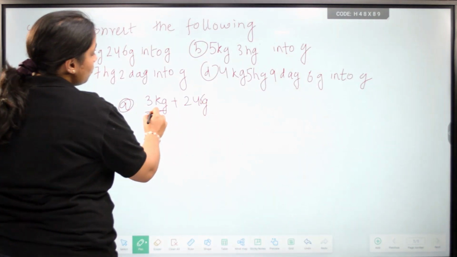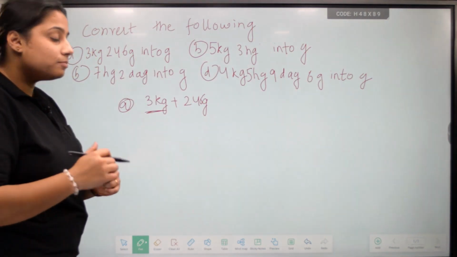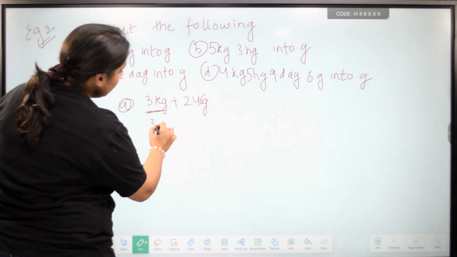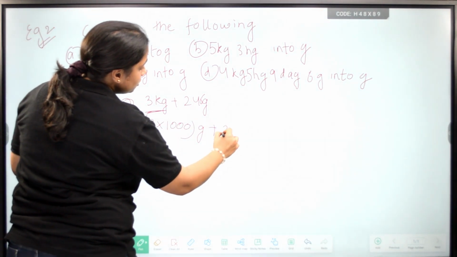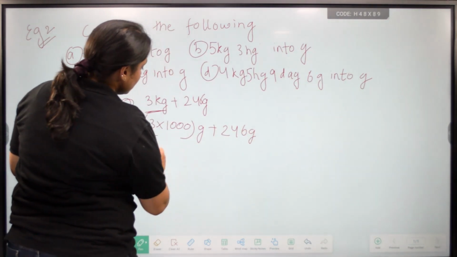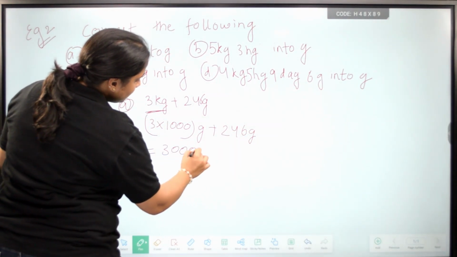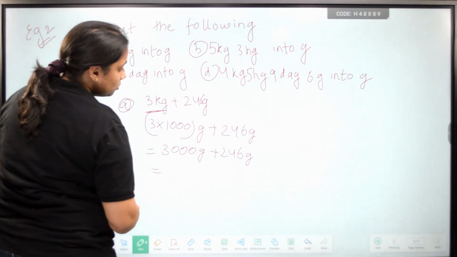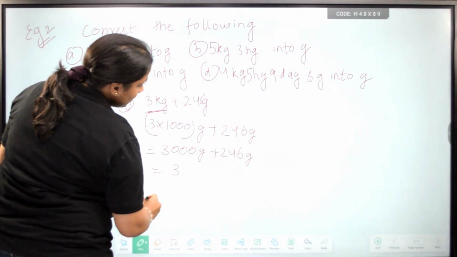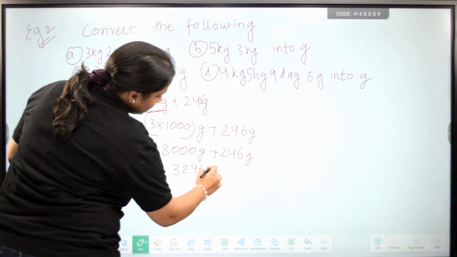We know that 1 kg is equal to 1000 grams. So it will be 3 into 1000 grams plus 246 grams. It will become 3000 grams plus 246 grams. So the final answer will be 3246 grams.